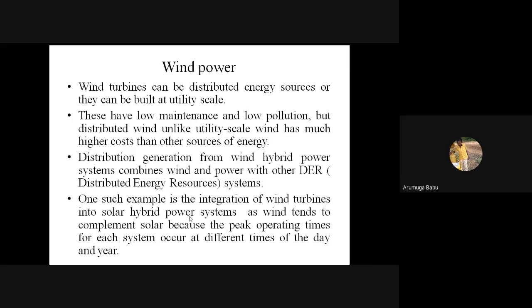In wind power plants, we can have two types: one is the vertical type and the other is the horizontal type of wind turbines. Vertical type wind turbines can produce electricity with a small wind velocity, and can be used in residential applications also.